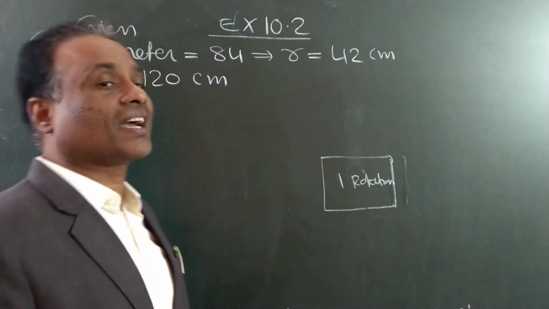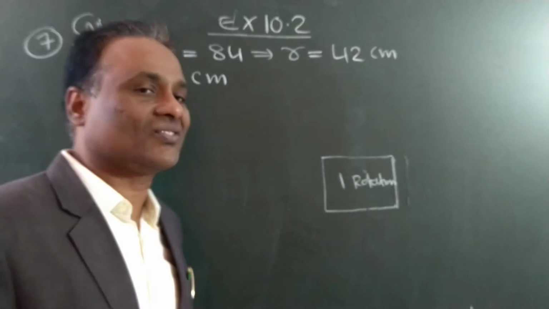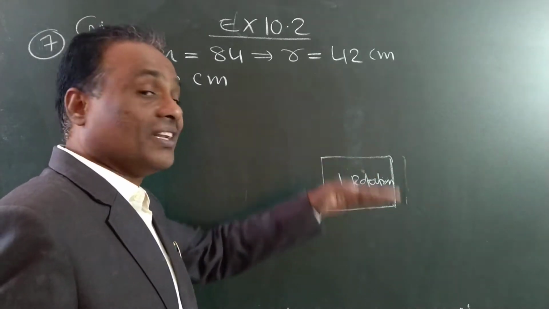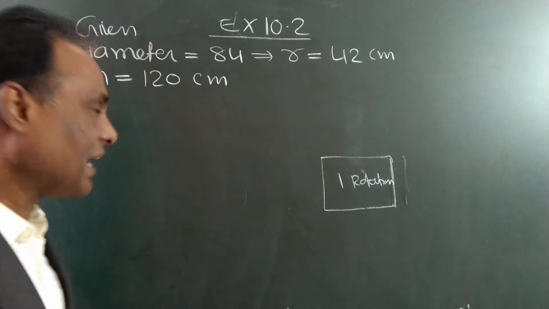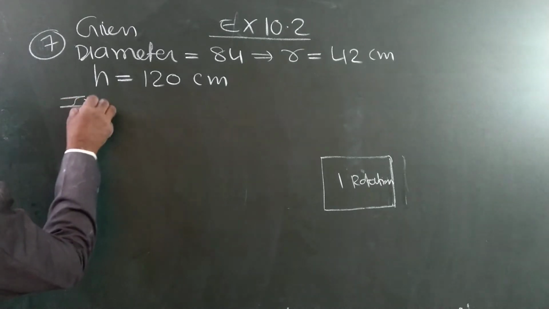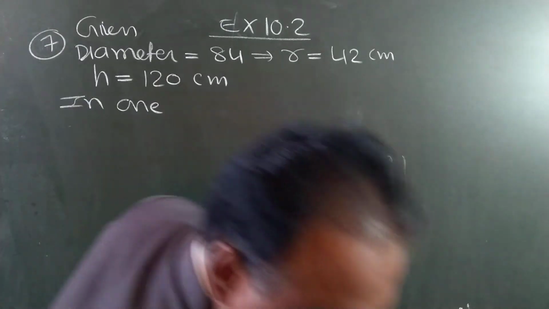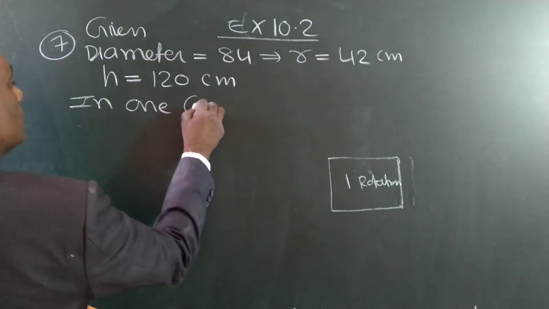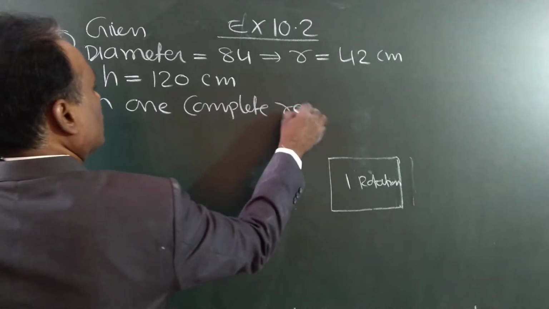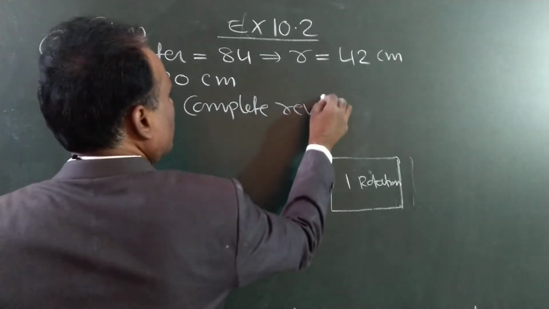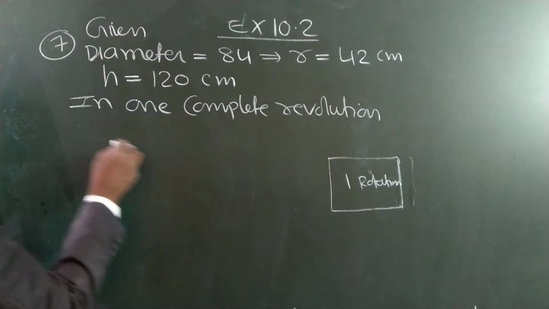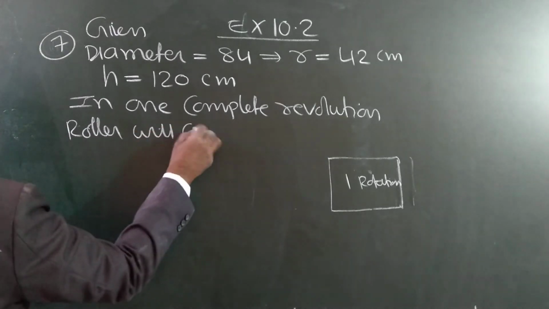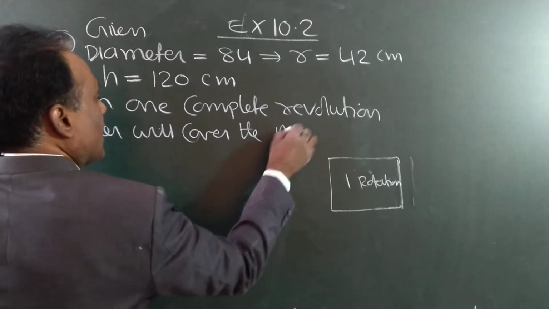What is the curved surface area of the cylinder? 2 pi RH. So if the roller rotates one revolution, it will cover 2 pi RH. Write down: in one complete revolution or rotation, same, the roller will cover the area.